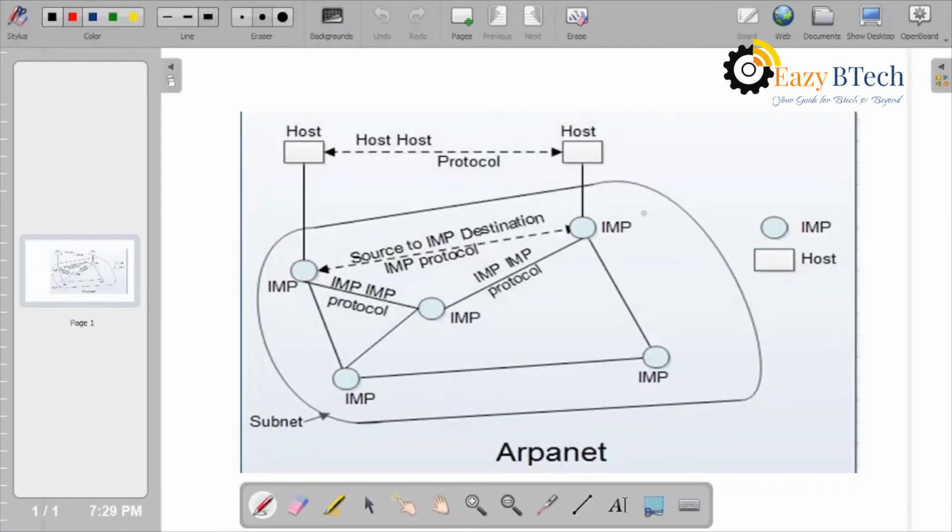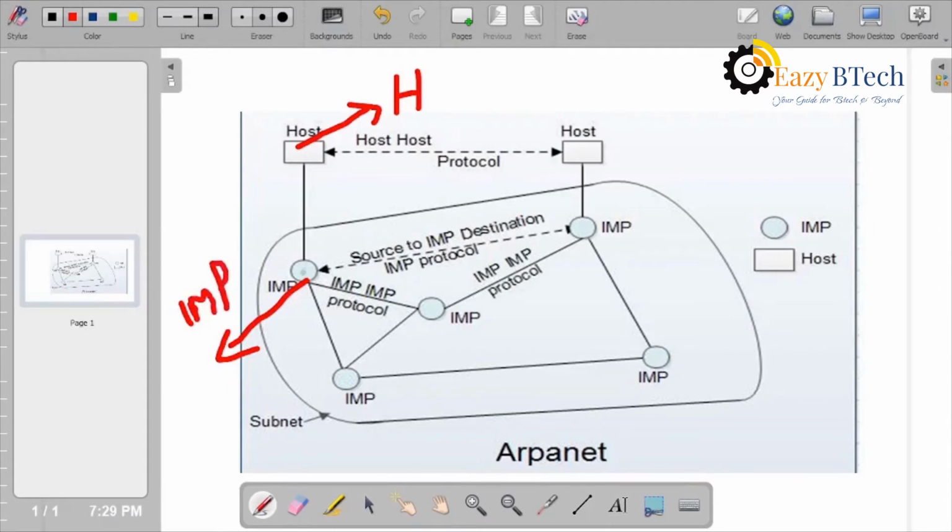So this is the actual diagram. Here, this is a host. Host means users. And these are the IMPs, which connect the minicomputers.